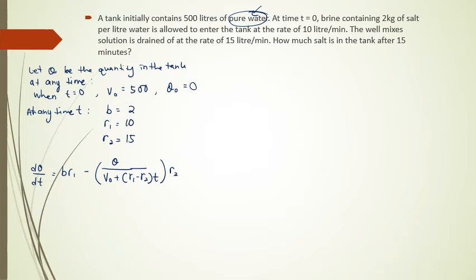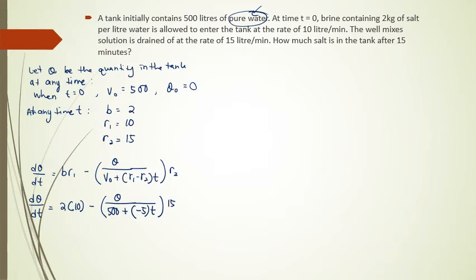Okay, so substitute all the values given into the equation ataupun into the formula. So we know that dq dt is equal to, so B is 2 times R1 10 minus Q over V naught 500 kan, 500, minus plus R1 minus R2 is negative 5T, times R2 15.